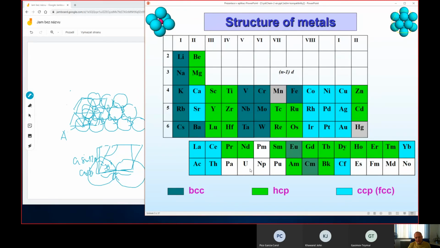In some actinides we have more complex structures. The structure of uranium is orthorhombic. The structure of plutonium is monoclinic, but plutonium has 4 or 5 different structures as you increase the temperature, and at high temperatures it adopts the FCC structure. This is the so-called delta plutonium.